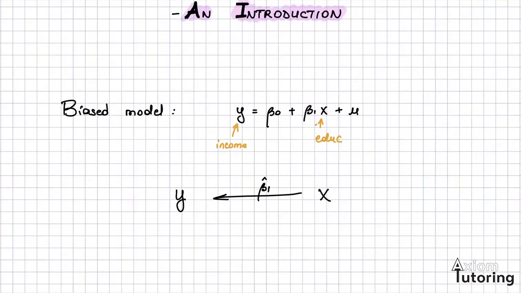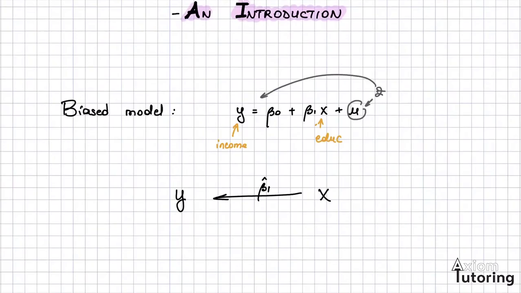However, after further looking into it, we become aware of another variable, a Z variable that is part of the error term. It's a variable that we know affects the Y variable. However, we have not controlled for it yet.